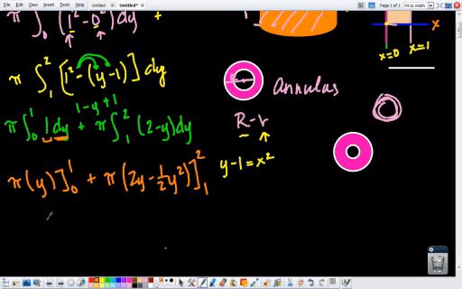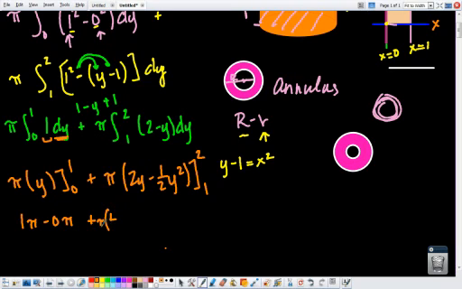And now we can go ahead and substitute. In the first one, normally I would substitute 1 and then subtract my substitution of 0, but this has a single term in y, so it's essentially 1 pi minus 0 pi. If you didn't want to subtract 0 out, you don't have to because it keeps the same.